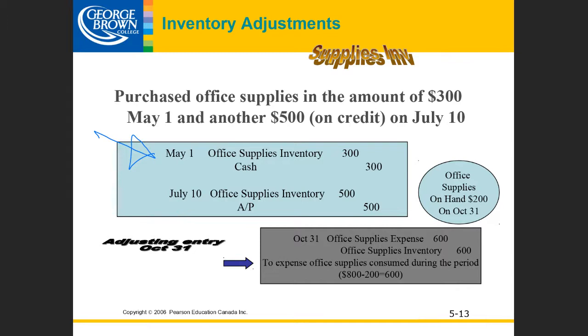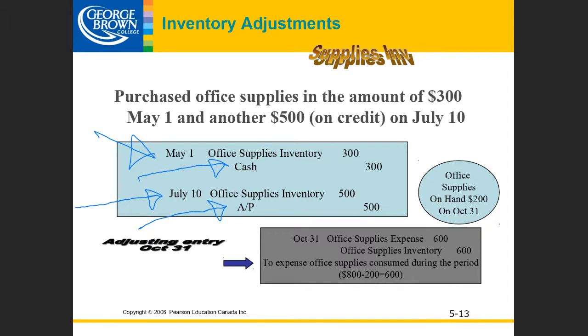So we debited our supplies inventory by $300 and credited cash by $300. Let's also say on July 10th, we purchased more office supplies inventory on credit. So we debit the office supplies inventory again, and we credit accounts payable because we didn't use cash.